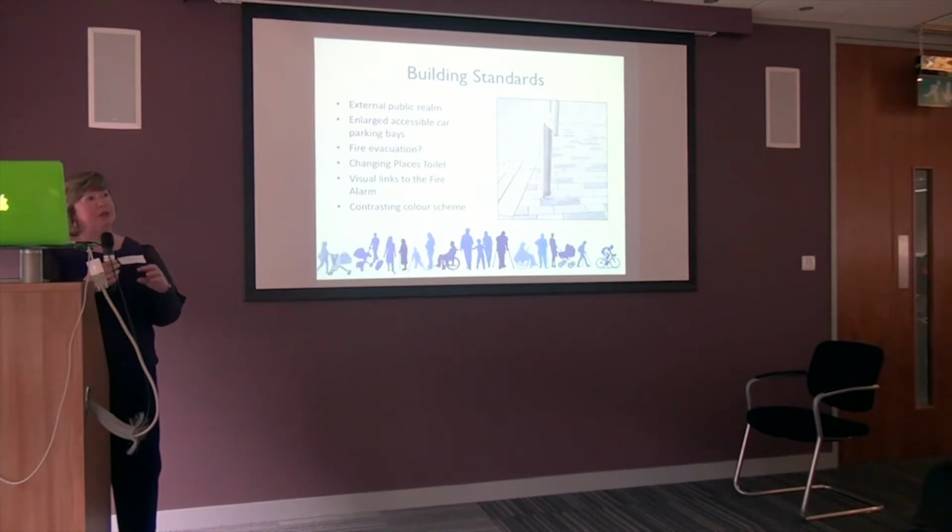One of my friends just about got run down in the mad Christmas shopping panic a week before Christmas because a driver was desperate for a car parking bay and literally ran over the bottom of his ramp on his car. Now if he'd been on that ramp, that would just have been a disaster for him. So enlarged accessible car parking bays are not within the building standards.